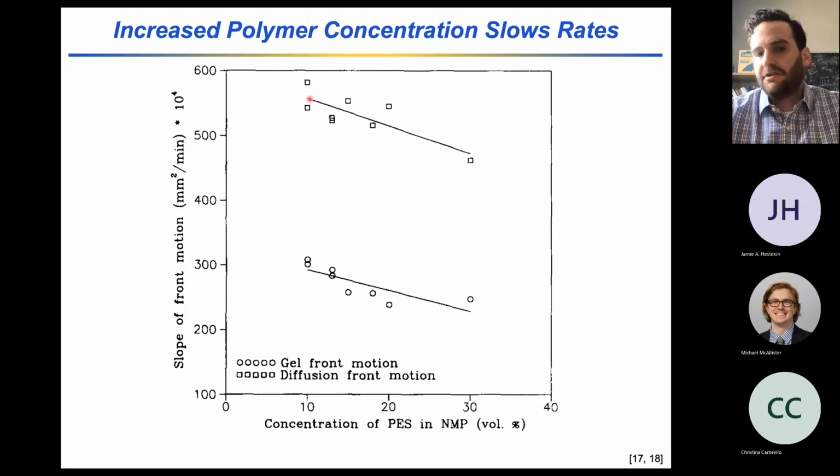The diffusion front motion is the motion of the solvent-non-solvent exchange, and the gel front is the motion of the vitrification front. In both instances, as the polymer concentration increases, these velocities go down, likely because the mobility of the polymer is reduced as its concentration is increased, and this leads to slower propagation of the front.